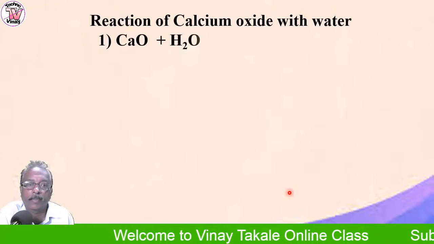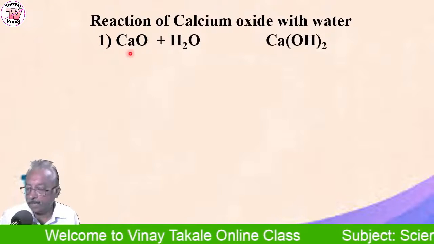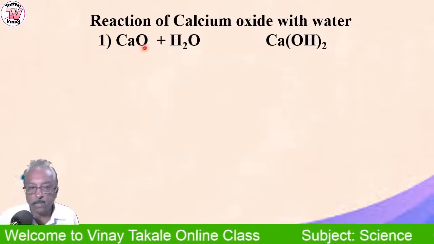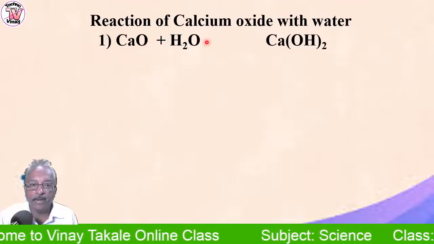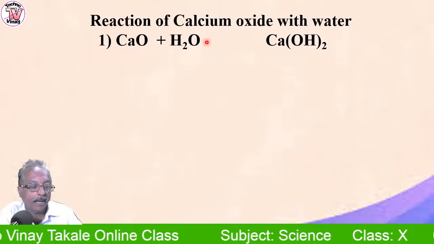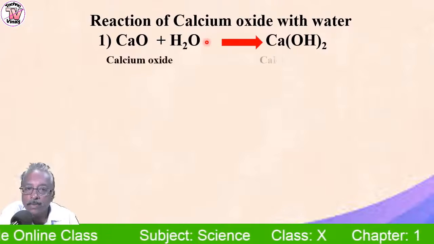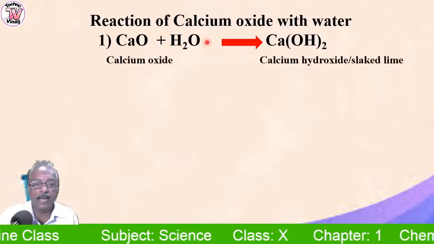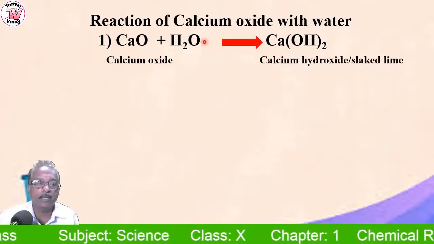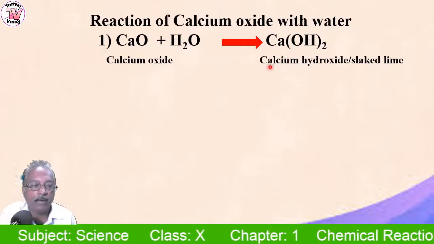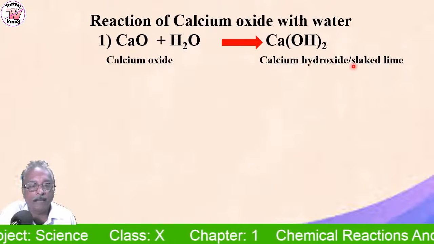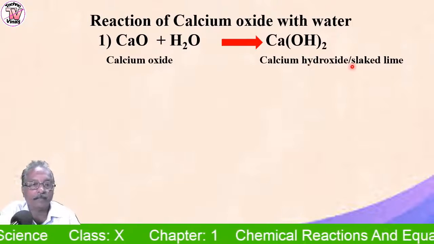See, calcium oxide plus water. The formula of calcium oxide is CaO. When it combines with water, it forms calcium hydroxide. So here there are two reactants, calcium oxide and water, and it forms calcium hydroxide, which is known as lime water.